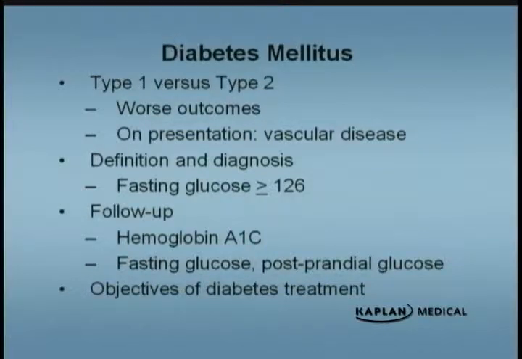And then they ask us a question about follow-up of diabetes. How do we follow diabetes? The best test to follow diabetes, to see how you're treating this patient, is the glycosylated hemoglobin, or hemoglobin A1C. That is the part of hemoglobin that has glucose residues on it.